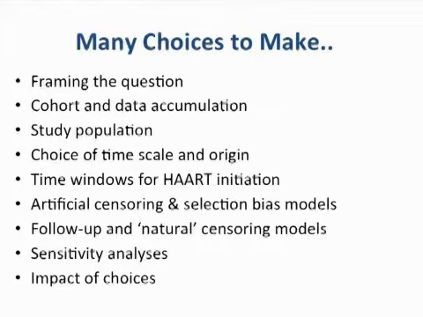And while the causal inference tools were an important part of this, and I'll comment on some of those issues, there were a lot of other choices that we had to make before getting to that point. What's artificial censoring? I'll talk about that. All right, so I'm not going to talk about every one of those components. I'll talk about the key ones.